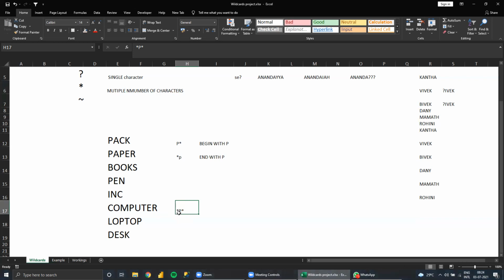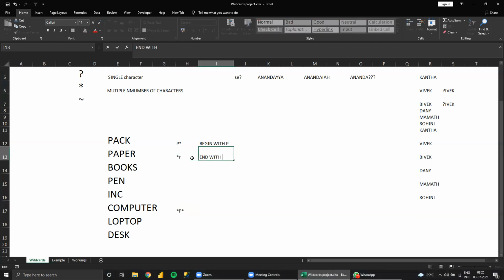That means P has any characters on the left side and any characters on the right side, but P should be there in the middle. That type of thing will be picked. Suppose for this R, any word or sentence ending with R.